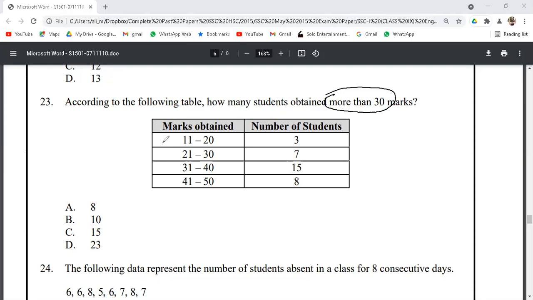So the first class is below 30, second class is 21 till 30 marks obtained by 7 students, while 15 students have gained 31 to 40 marks and 8 students have gained 41 to 50 marks. So these students have gained more than 30 marks, which means the total of these two terms is 23. So correct option for this question is option D, that is 23.